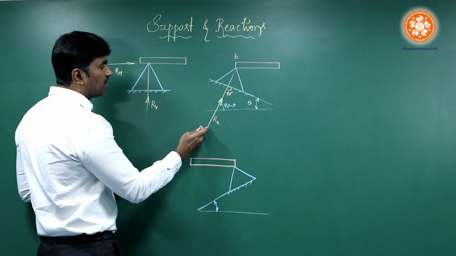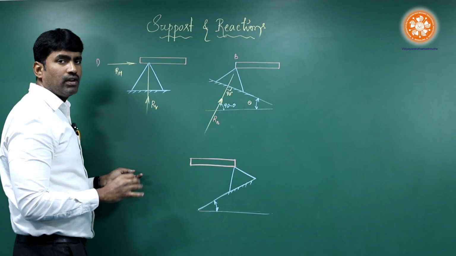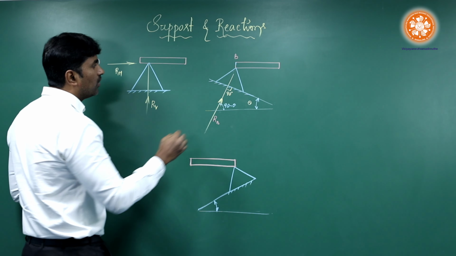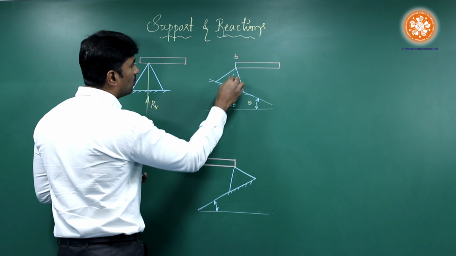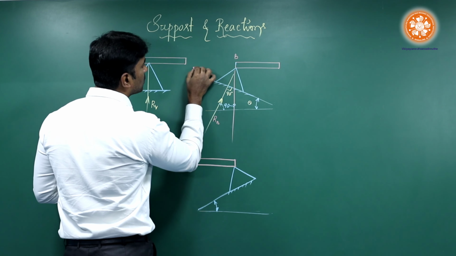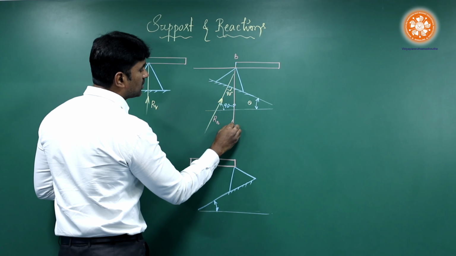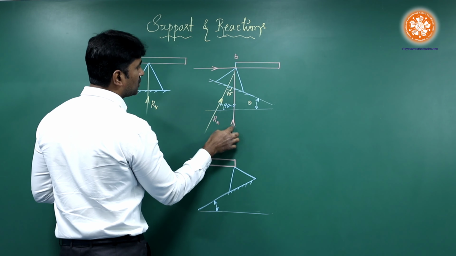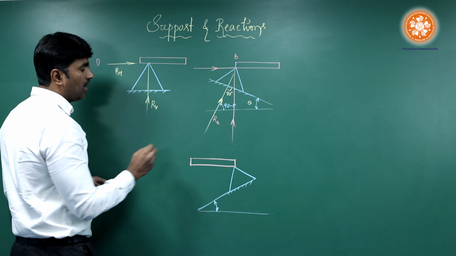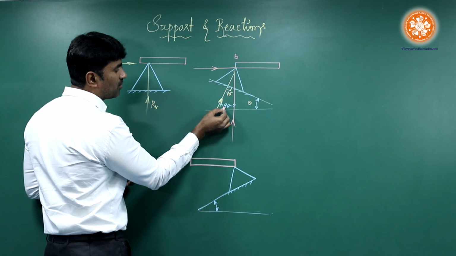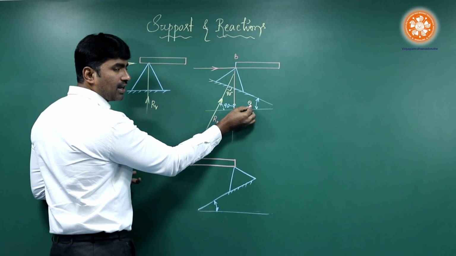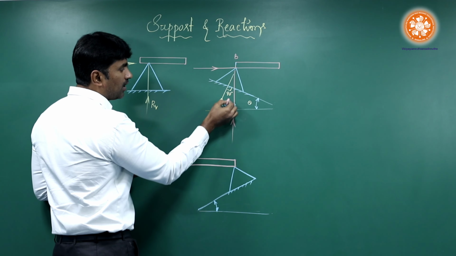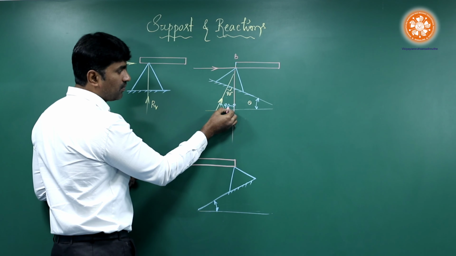Now, whenever there is an inclined force or a reaction, we need to resolve it. So, resolving this to vertical as well as horizontal. What is vertical reaction and horizontal reaction here? As I told, this is 90 minus theta. If I take this angle theta as 30 degrees, 90 minus theta would be 60 degrees.